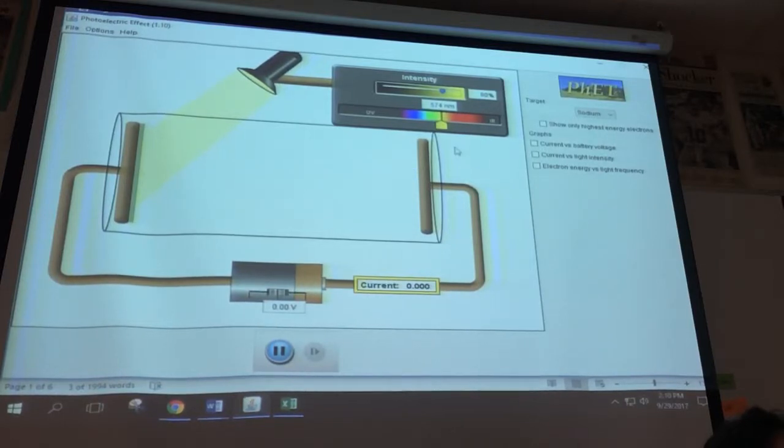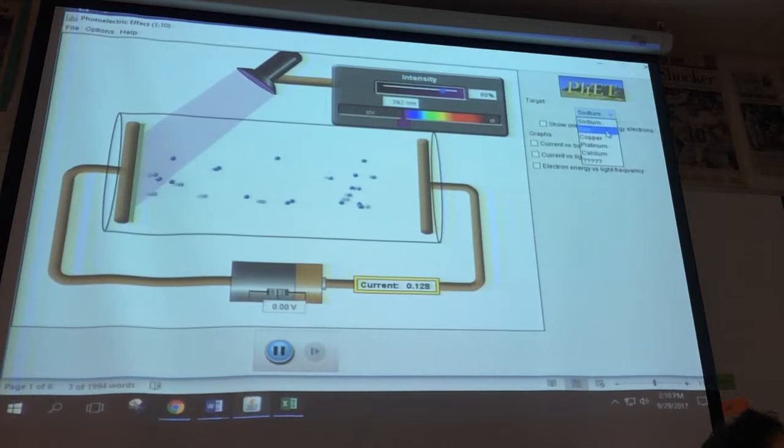So the photoelectric effect. This is also metal dependent. So sodium, when you've got a wavelength of about 392 nanometers and an intensity of 80, you're seeing electron ejection. If you replace the sodium with zinc, you're not seeing it with the same wavelength and intensity used. If you go into the UV region, you will see some.